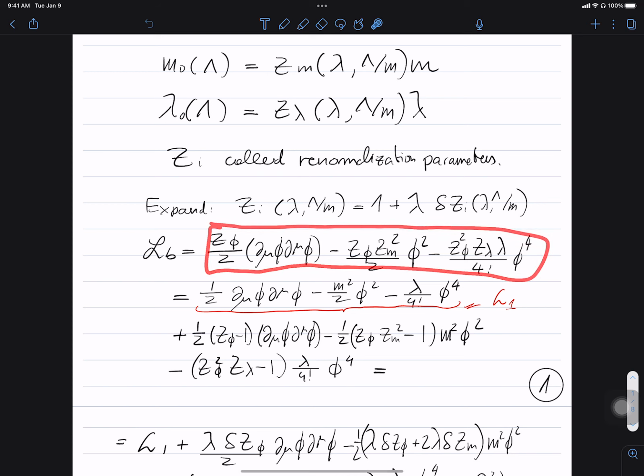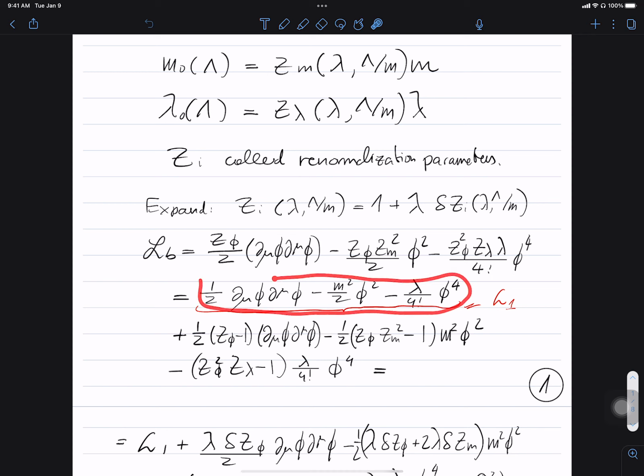We have explicitly introduced the renormalization parameters as defined above, and now we can rewrite it again by adding and subtracting this L1 terms essentially. So we have L1 here, but we subtracted it by adding this minus 1s to all of the terms over here.